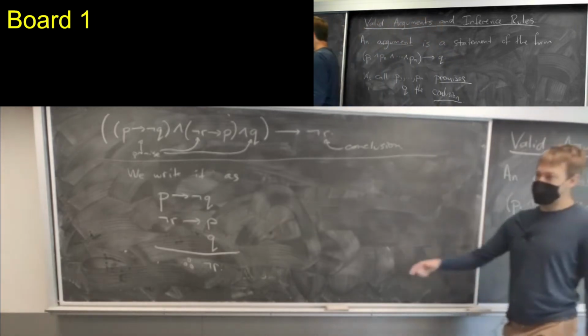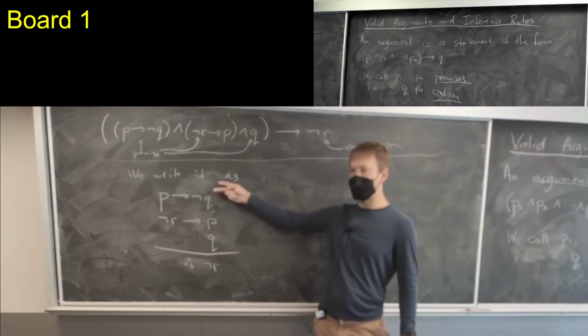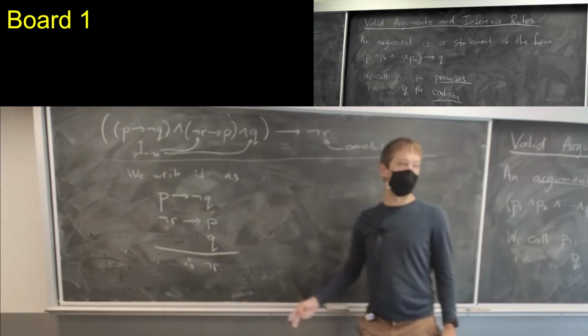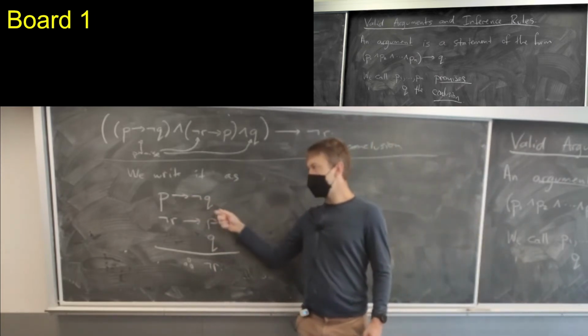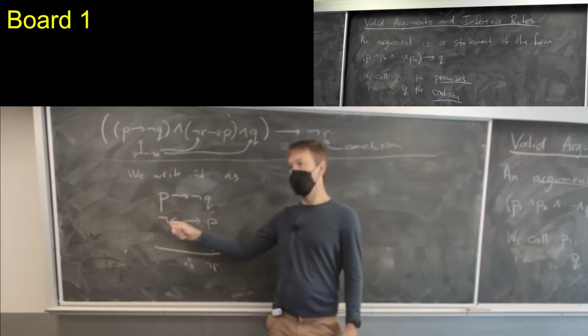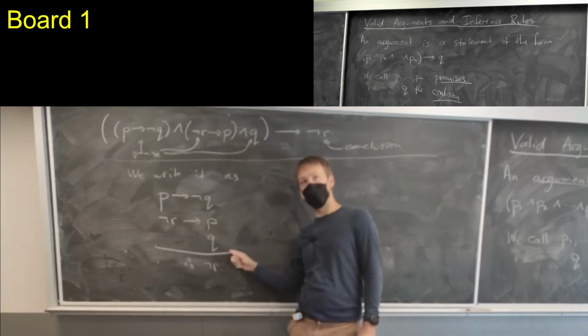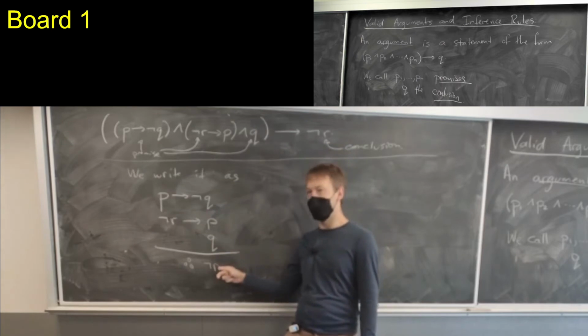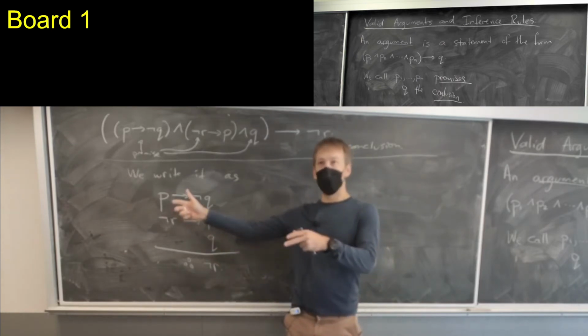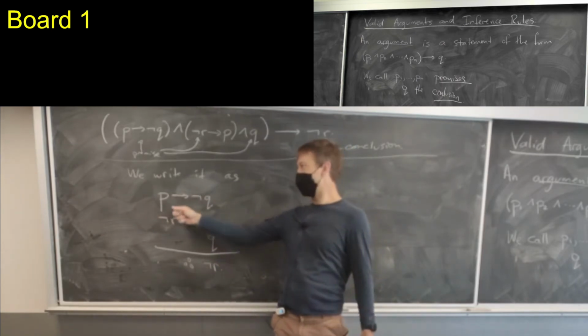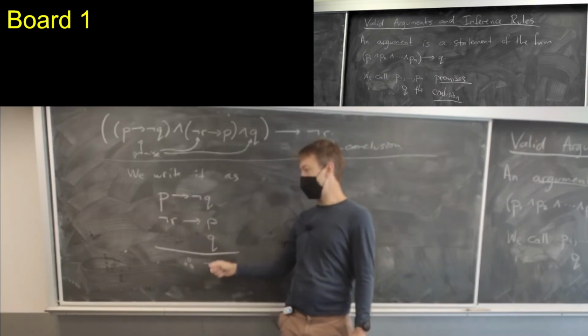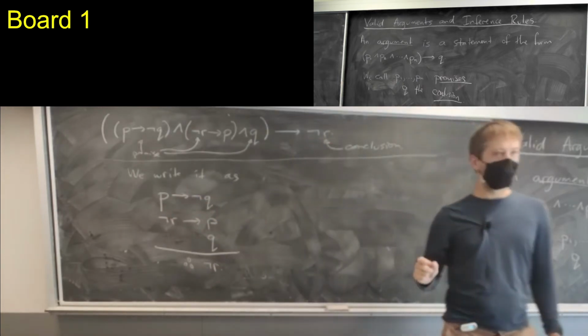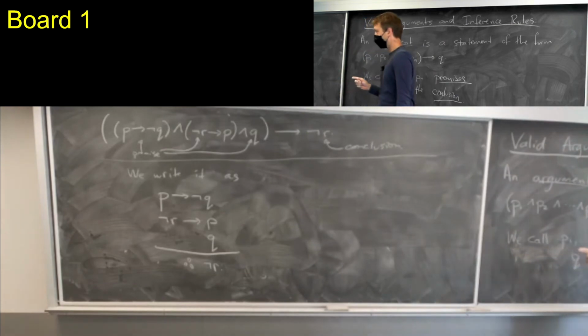You can think of this as a kind of sentence: P implies not Q, not R implies P, Q, meaning Q is true, therefore not R is true. These are like puzzle pieces. Putting this together tells me that not R is true. But in this particular example, does it?